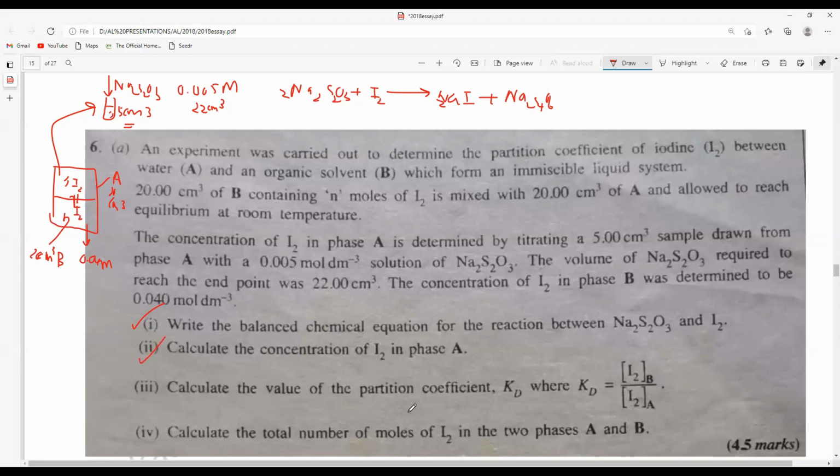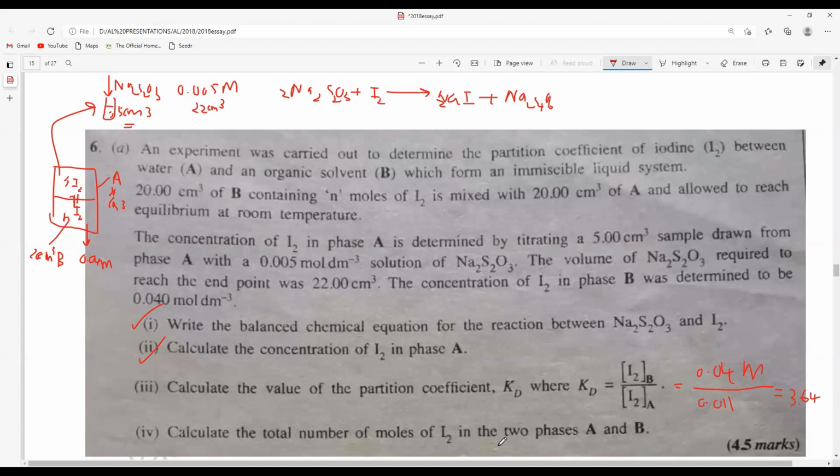And calculate the value of the partition coefficient Kd, where Kd is I2 in B, which is our organic phase, over I2 in A. You know the concentration of B already, so it is 0.04 M. And when you find the concentration of I2 in A, you will find it is 0.011, which gives you a Kd value of around 3.64.